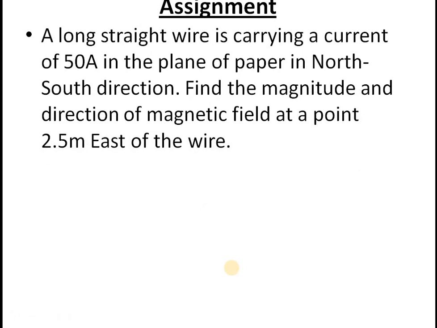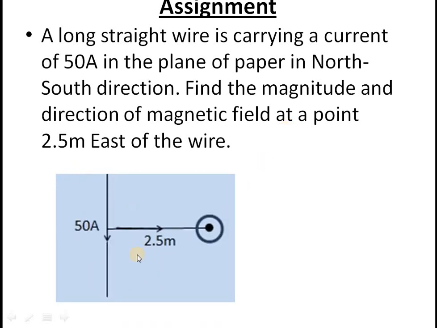We have another question. It is optional whether you want to do the first question or the second; it is up to you, and if you want to do both, fine. A long wire is carrying a current of 50 ampere in the plane of the paper in the north-south direction. Find the magnitude and direction of the magnetic field at a point 2.5 meter east of the wire. This is the diagram.